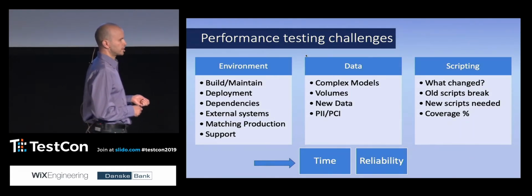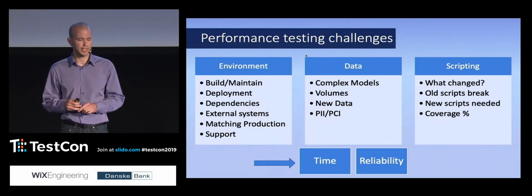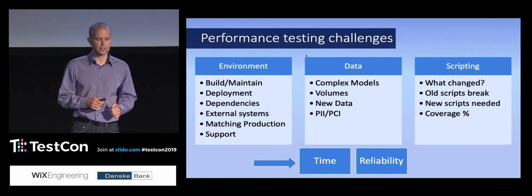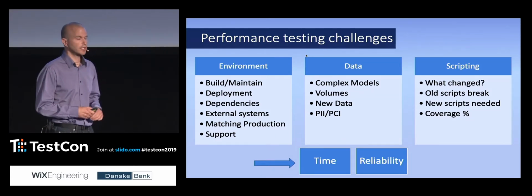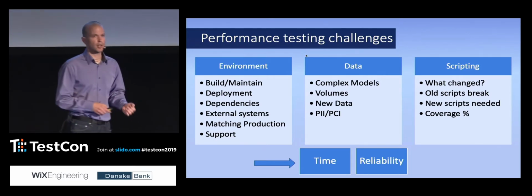Performance environments necessarily need to be very large scale, so they're very hard and expensive to maintain, and just getting code into there is an ongoing challenge. The data volumes that you need to deal with are quite large, again, expensive and hard to generate, hard to manage.